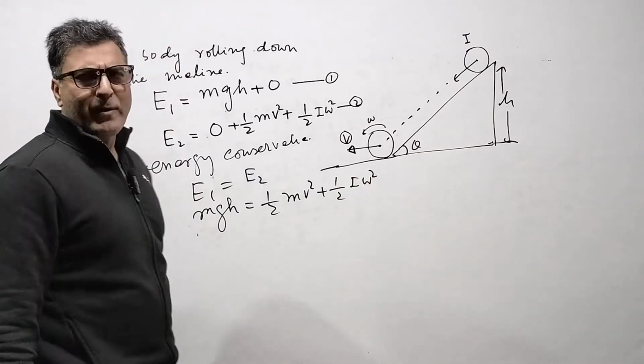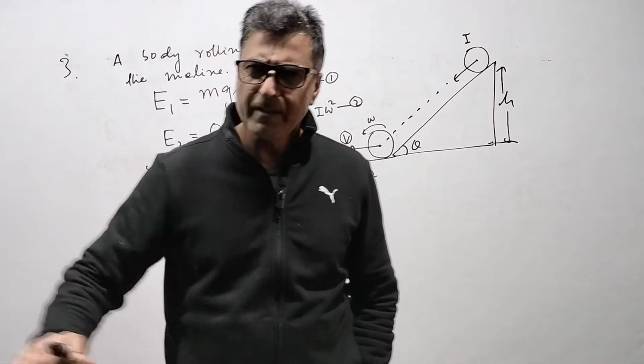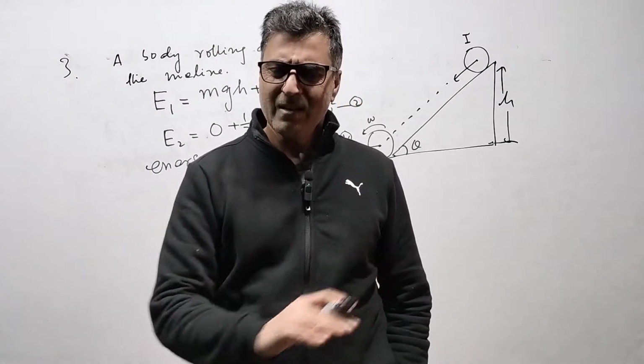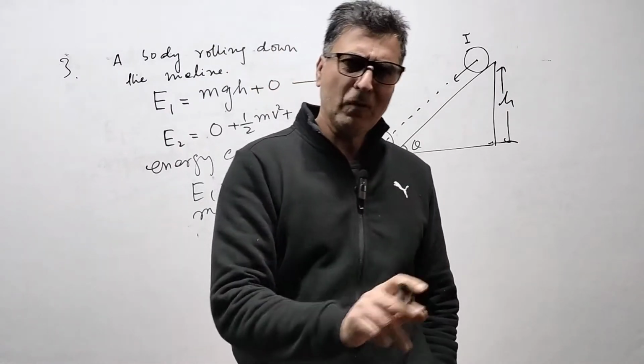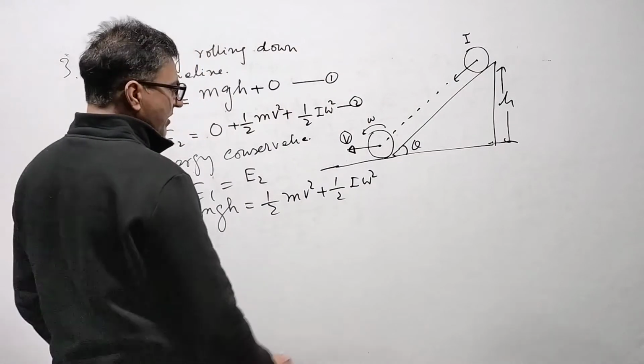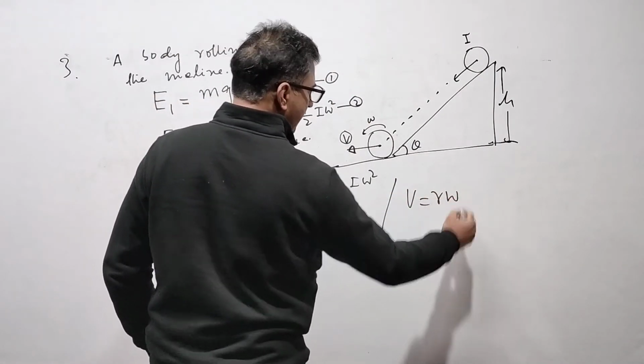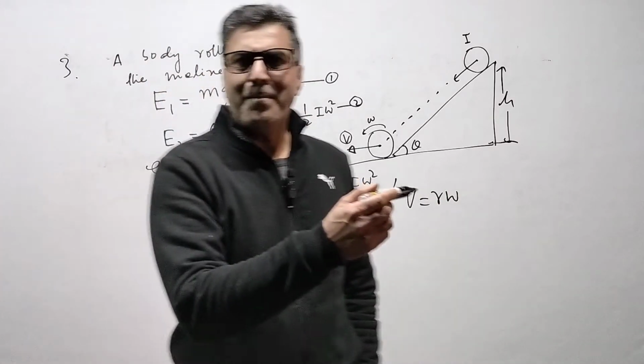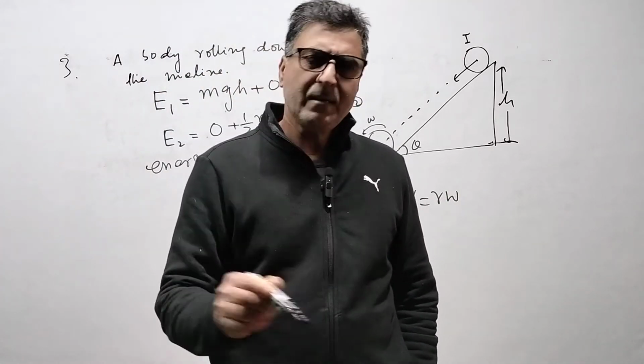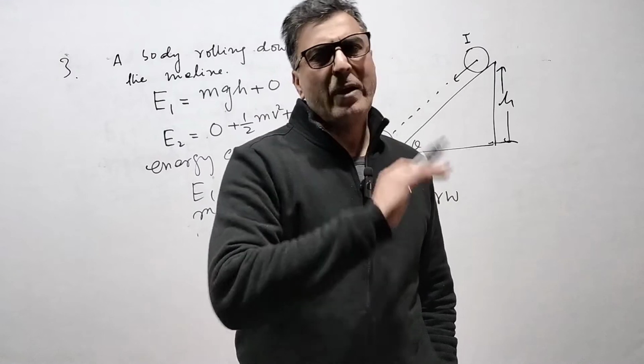But for rolling, you have one more equation. When the body rolls on the ground, not skids, not slips, when it rolls smoothly on the ground, then we have one more equation for the rolling condition: v is equal to R omega. The center of mass velocity is equal to the radius of that rolling body times the angular velocity.